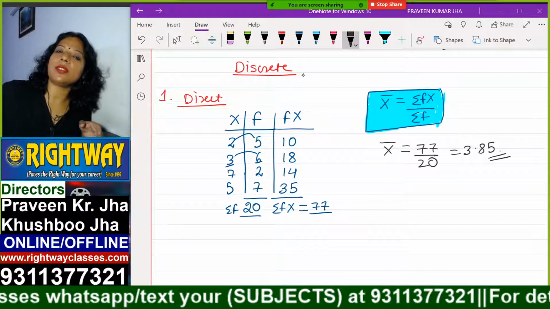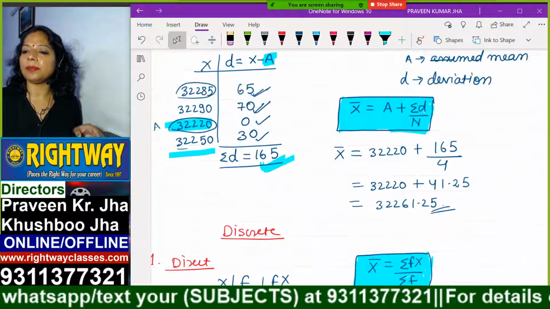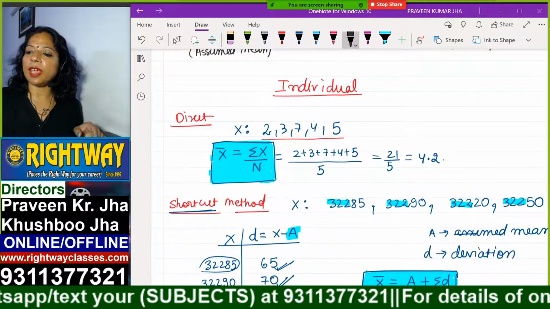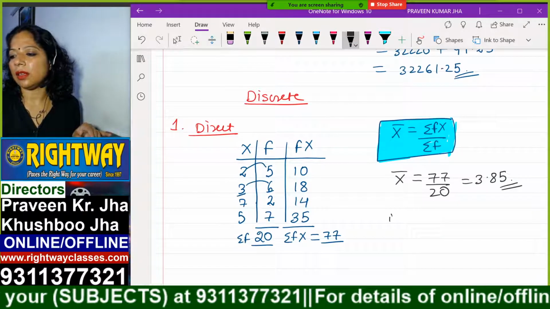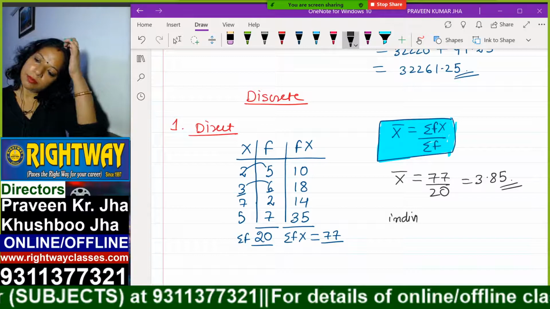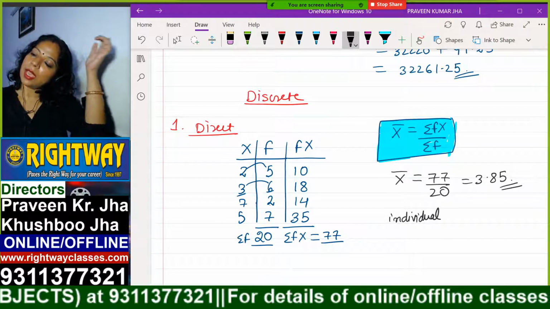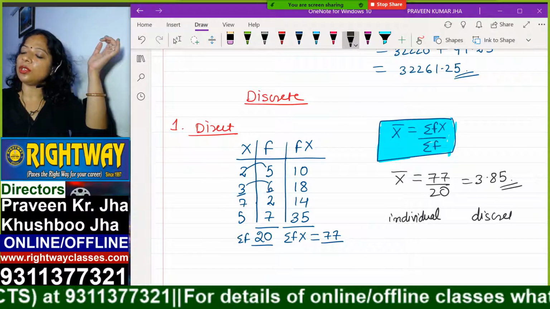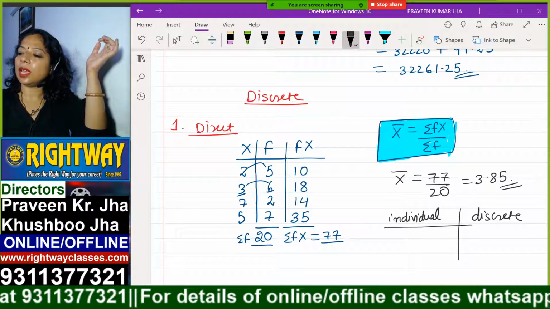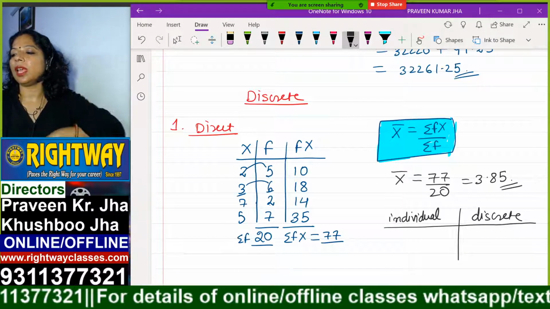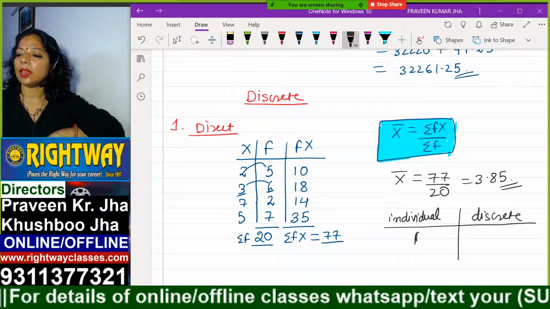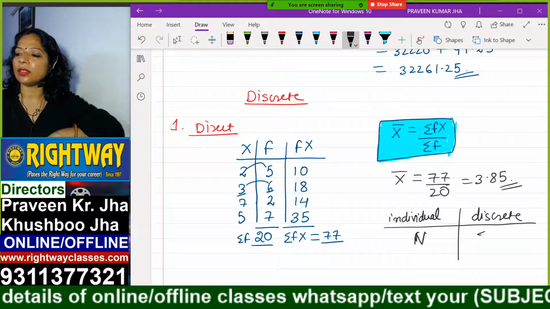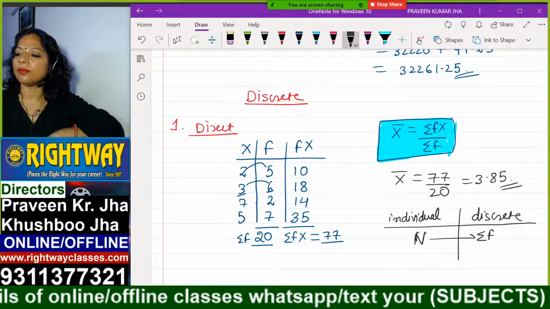But it is very easy to remember the formula. See, in individual we have read summation x by n. How to learn the formula for discrete? In individual, n is there, so in discrete it will be summation f.